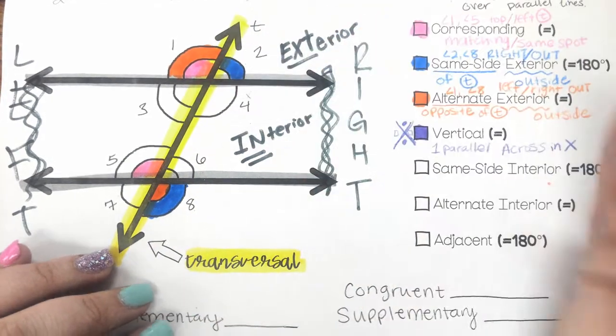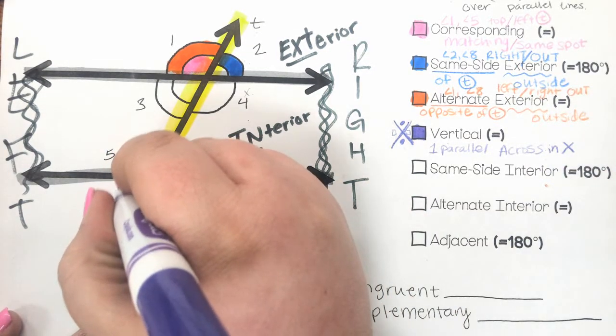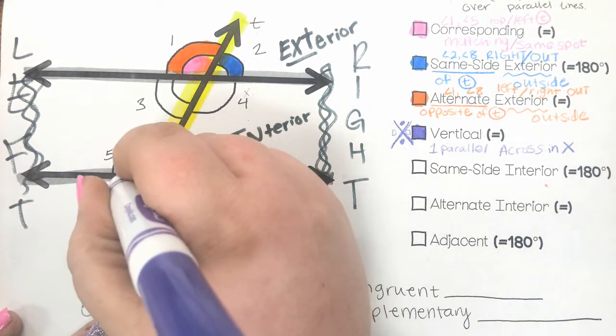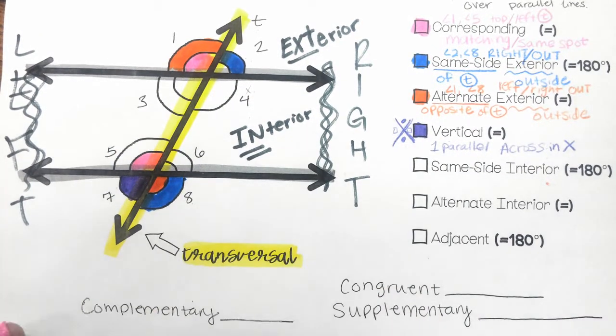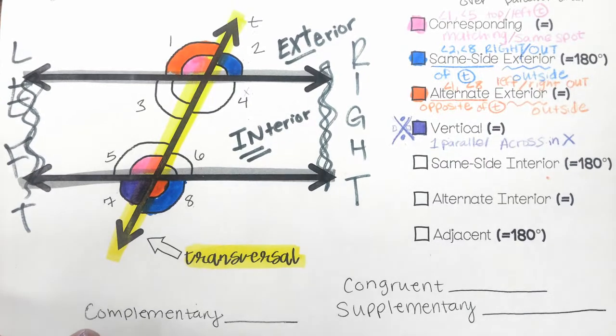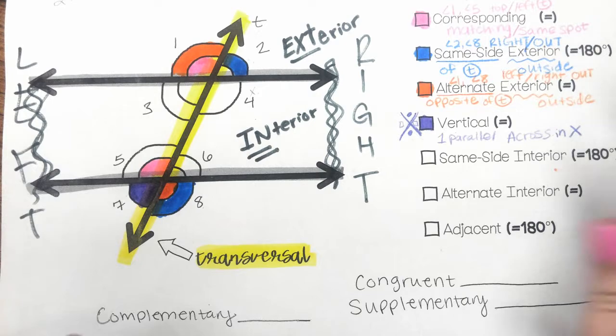Okay, so let's find the vertical angle for angle 7. I'm just picking that one because it was an open space to color. There's no math behind me picking it, no logic, no definitions behind me picking 7.